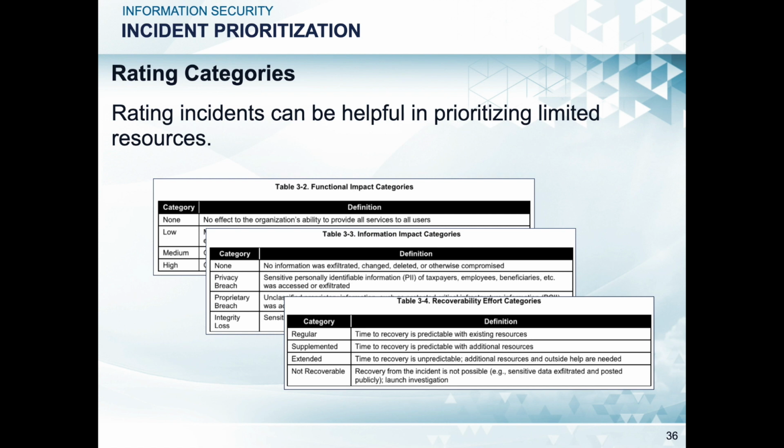You will need to triage those, and by coming up with a rating system, which NIST 800-61 provides a lot of guidance on, you can take the most serious or severe incidents and work through those, and hopefully protect your assets by eliminating that first threat and then working through those that may not have been rated as severe.